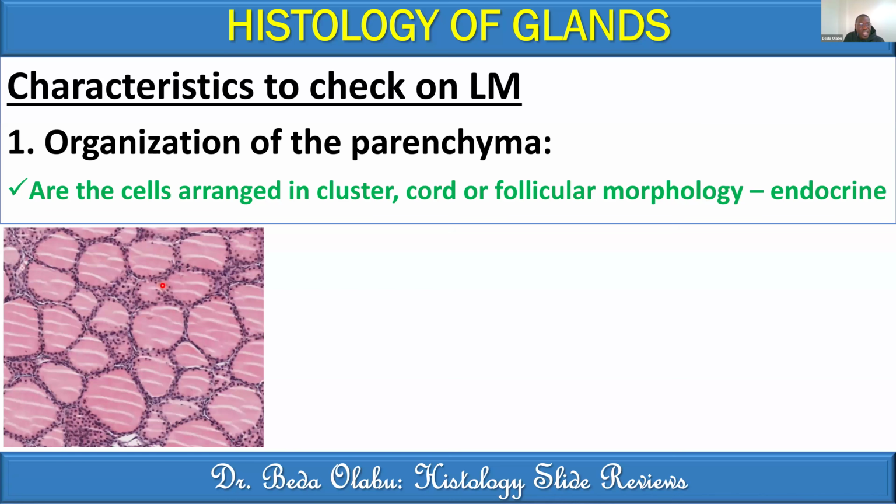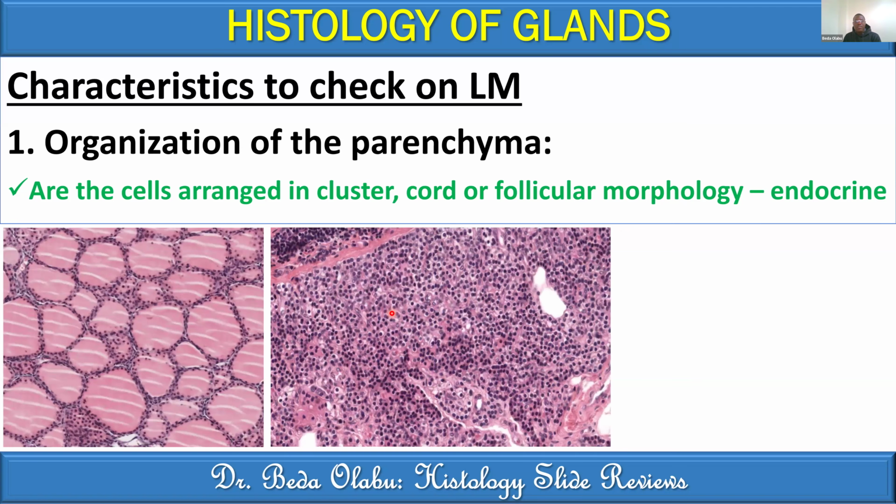The black dots are actually the cells, but they seem to be surrounding something. So this large structure is not a cell, but a structure surrounded by multiple cells. The whole entity is what you're calling a follicle. So yes, this is follicular morphology.